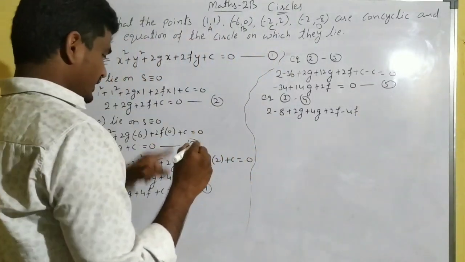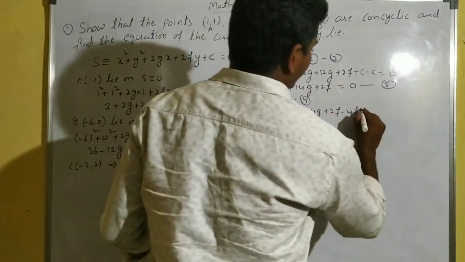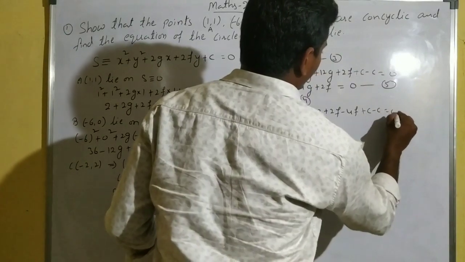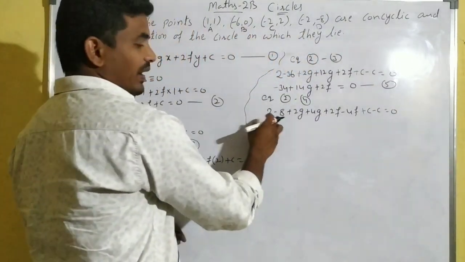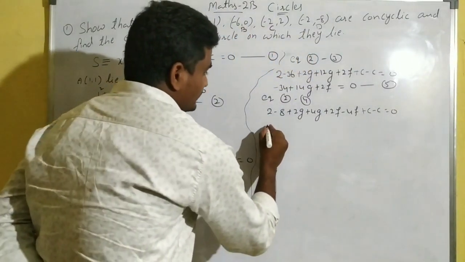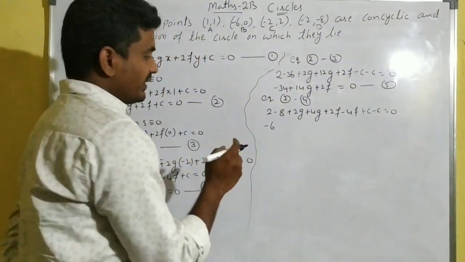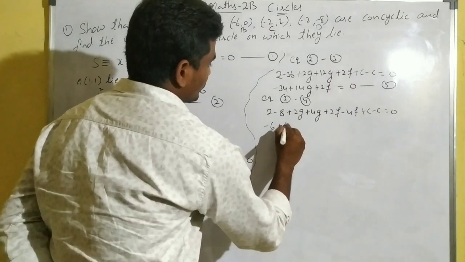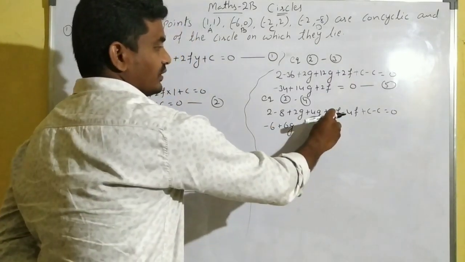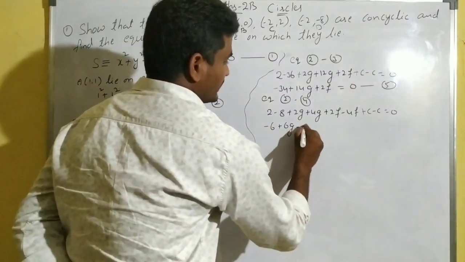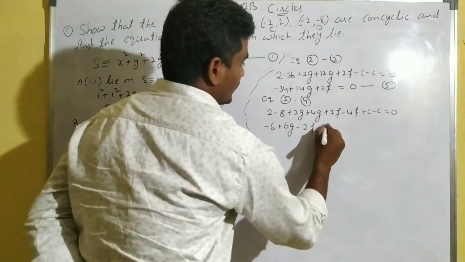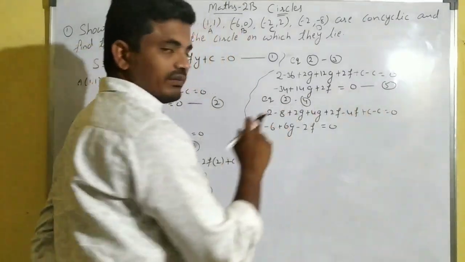And next c and minus c. 2 minus 8 is minus 6, 2g plus 4g, that becomes 6g, 2f minus 4f is minus 2f equals 0, because c minus c is 0.